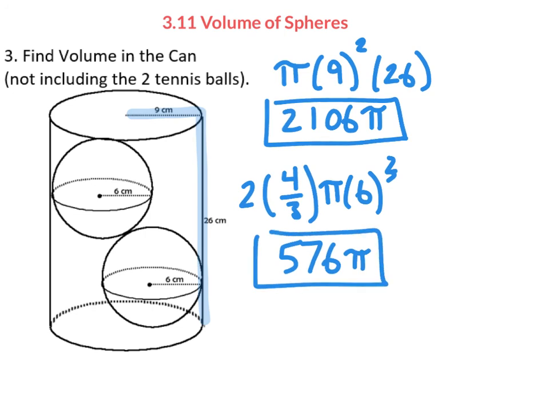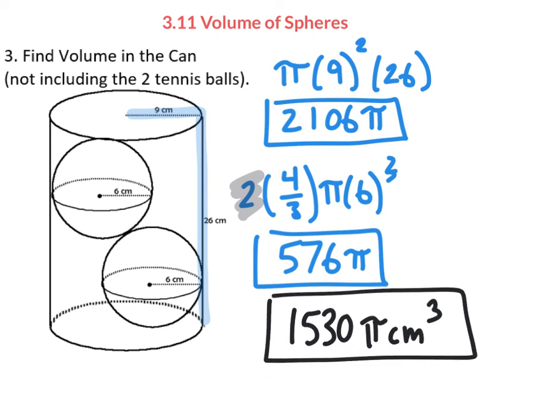Again, make sure when you're doing these, there are 2 of them in there, and that's why I've done exactly that. When you subtract those values, you get your final amount of volume in the can of just the air. And this would be that solution. Kind of a fun one, right? Make sure, again, this 2 implies that there are 2 of those spheres inside of there.